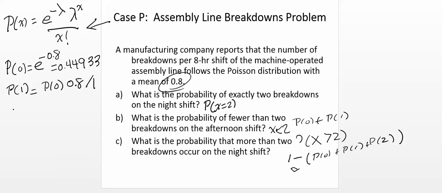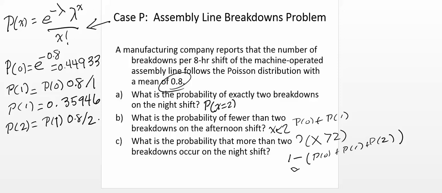So that's 0.44933 times 0.8, which is 0.35946. Next, we need the probability that x is equal to 2, and we can get that from the probability that x is equal to 1, multiplying by 0.8 and dividing by 2. If you don't know what I mean by this recursion formula, you'll find it described in the lecture notes.